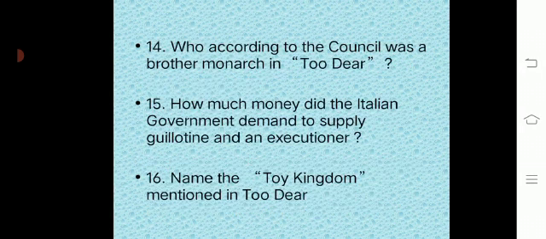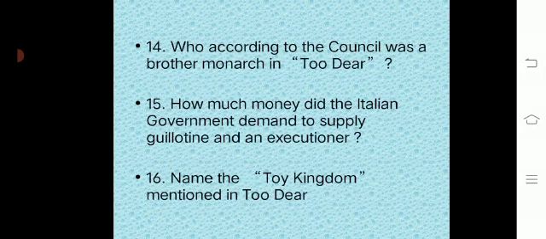Sometime before we read how much did the French government quote. Here the question is how much did the Italian government quote to supply the machine and executioner. So read the question carefully and answer. Question number 16. Name the toy kingdom mentioned in Two Dear.